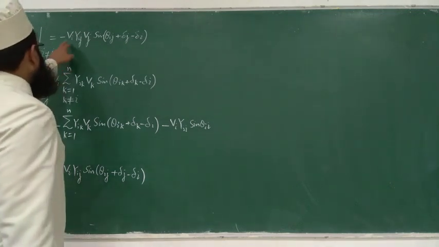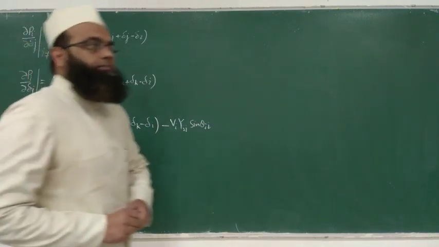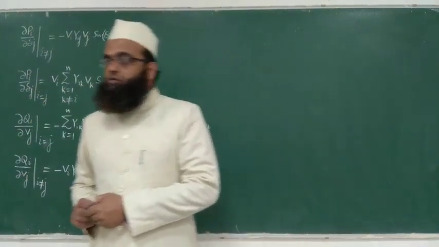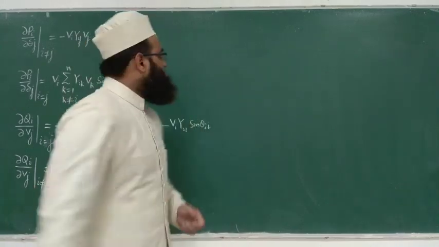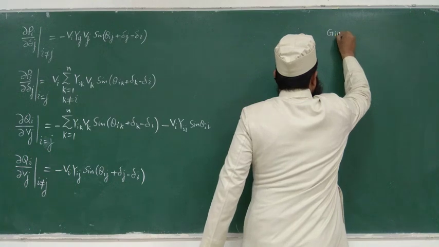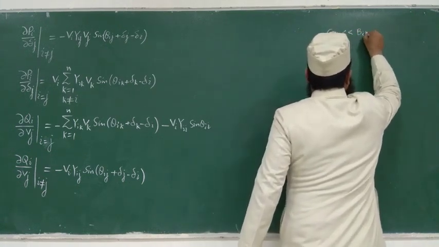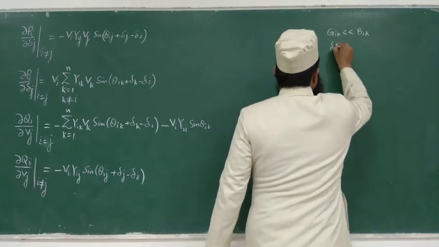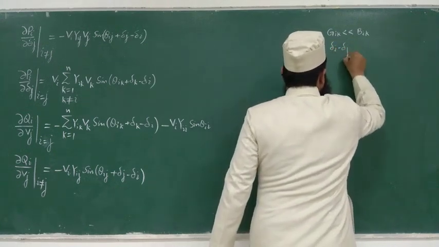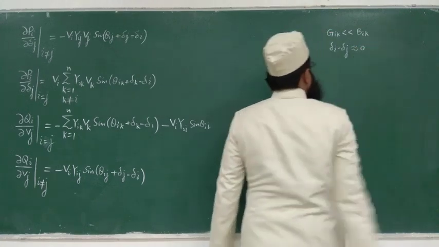So this can further be written as follows. In decoupled load flow we had two assumptions. One assumption was Gik is very much less than Bik. The second assumption was that δi minus δj for any i and j is nearly equal to 0.